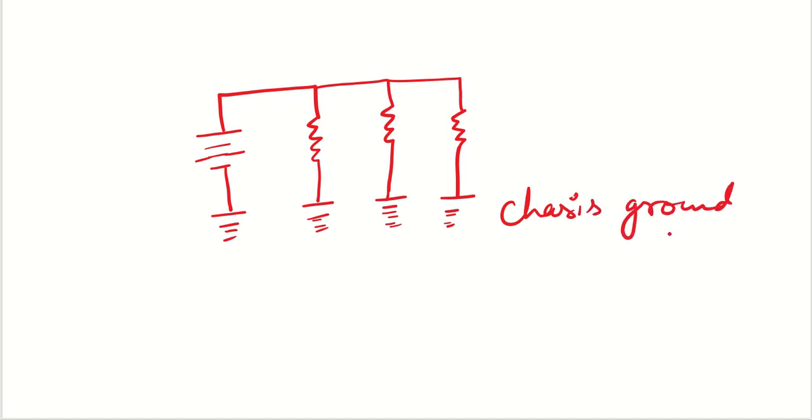So why do we call it chassis ground? Because the whole framework, the chassis, has been connected to the ground. And all the potentials we measure, like suppose we are measuring the potential across this resistor, R2, we will be measuring it with respect to the chassis ground, and the chassis ground potential will be considered as 0 volt. I mean, we will consider that for simplified calculations.